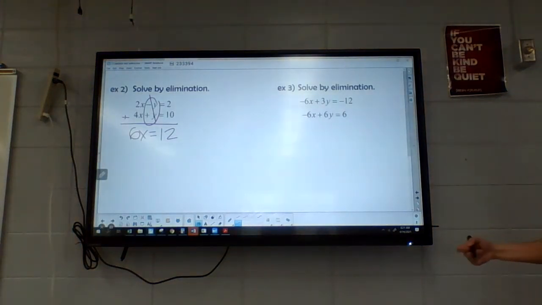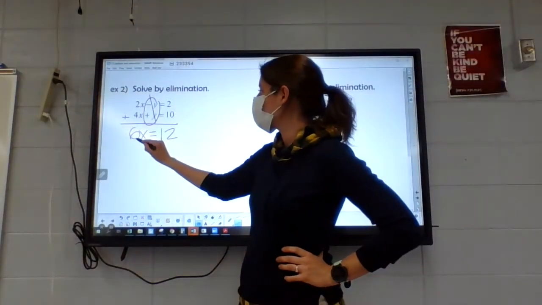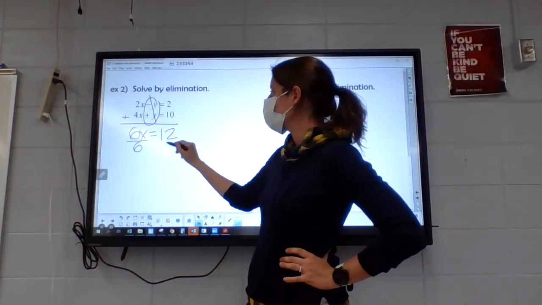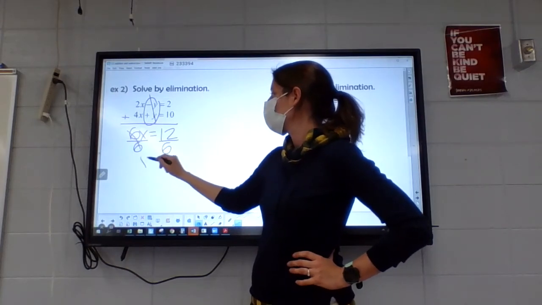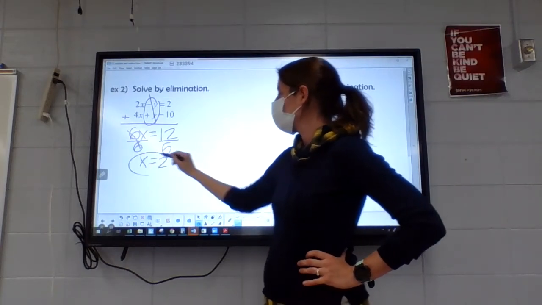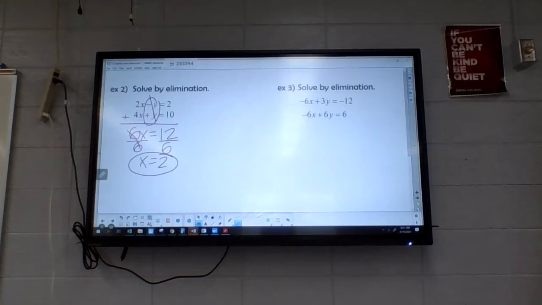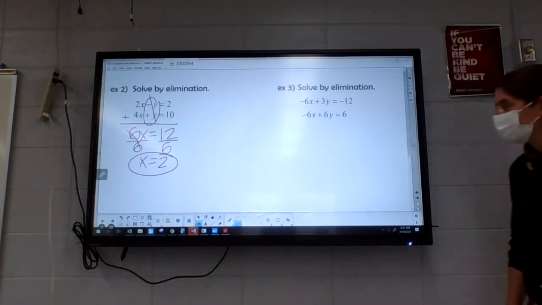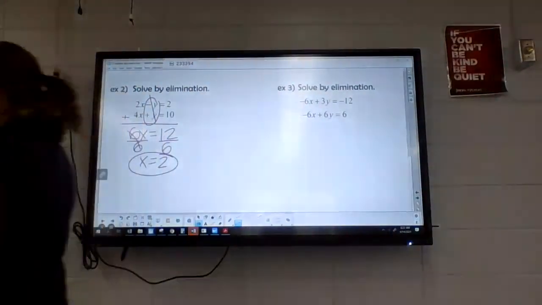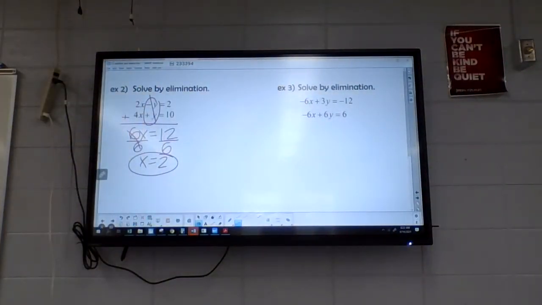Now I'm ready to solve this. I was supposed to multiply, but I'm going to divide instead. So we're going to divide by 6 to get 2, sorry. Math pulled the oxygen out of my brain. Alright, so x is 2.